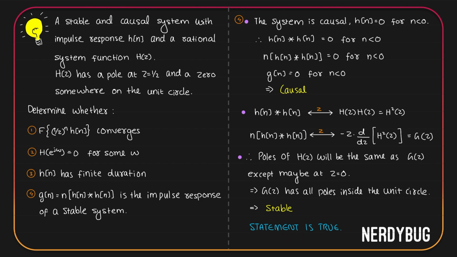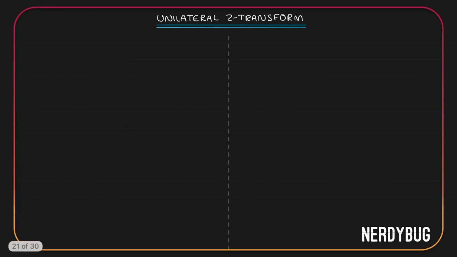This statement is true. The next concept we have to learn is unilateral Z transform. Usually we write x of z is summation from n equals minus infinity to infinity x of n z raised to minus n. This is called bilateral Z transform.